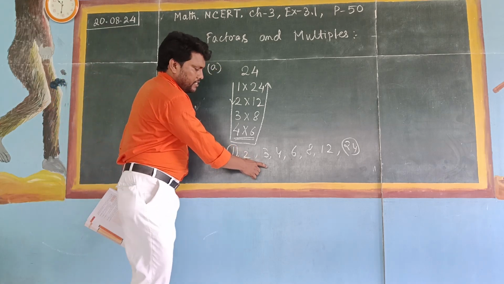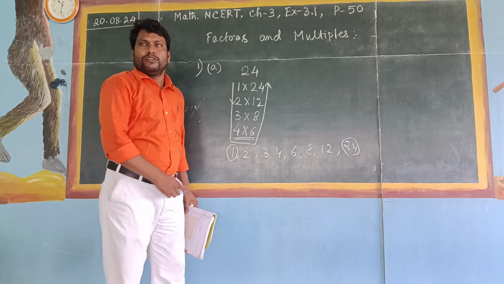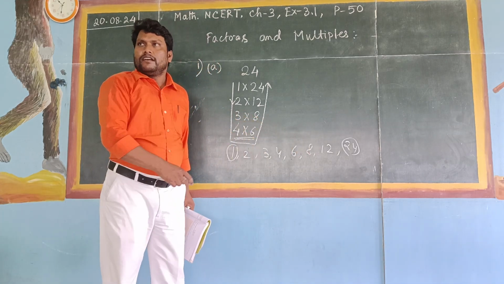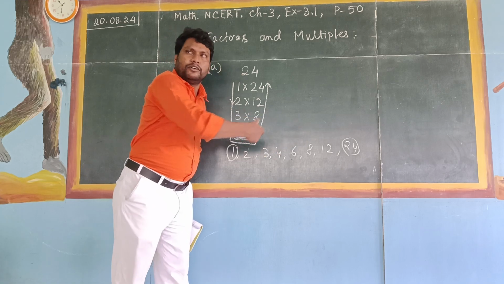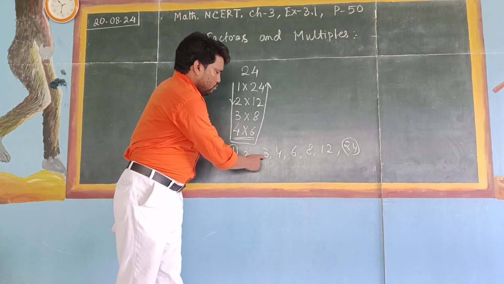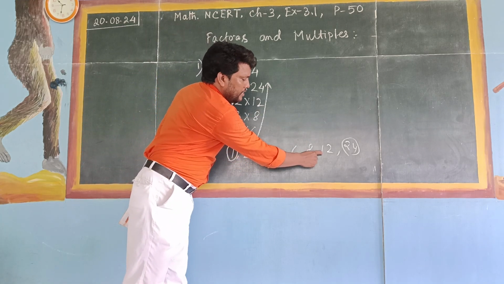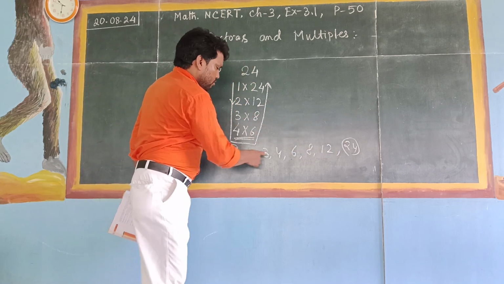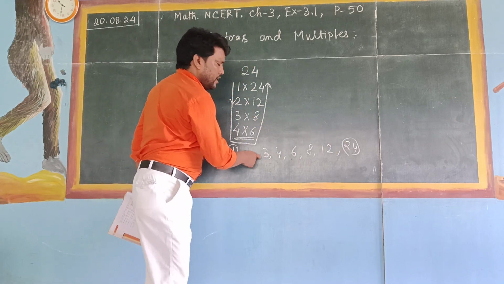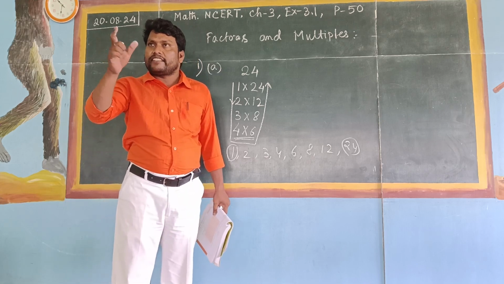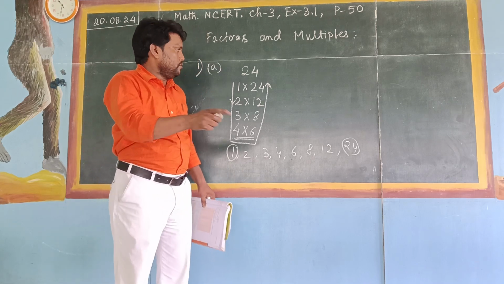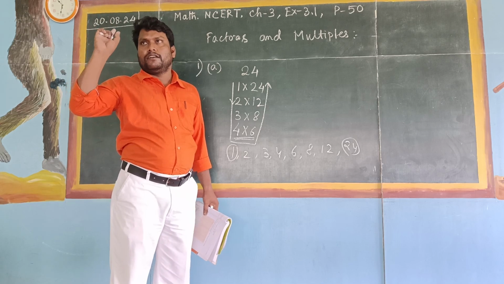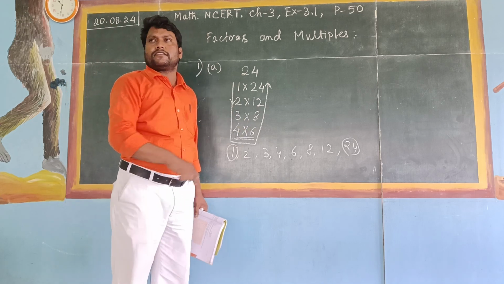It looks like a suitable arrangement, in increasing order: 1, 2, 3, 4, 6, 8, 12, 24. And if you write 4, then 1, then 8, then 24, then 3, it looks haphazard. So you will use this process. No factors will be skipped. You will find all factors.